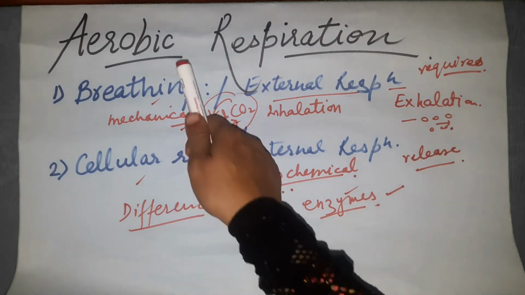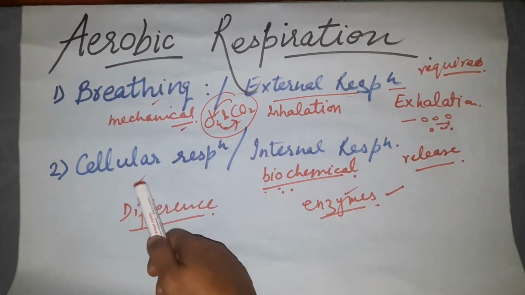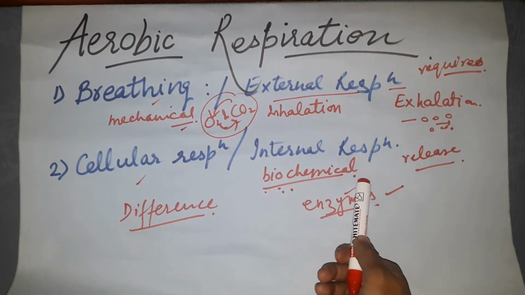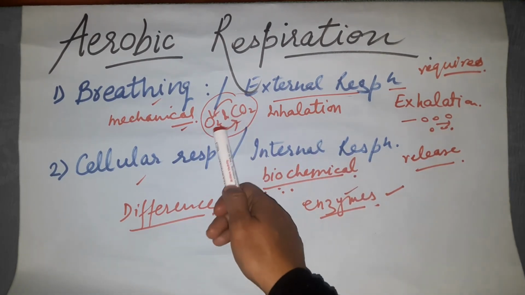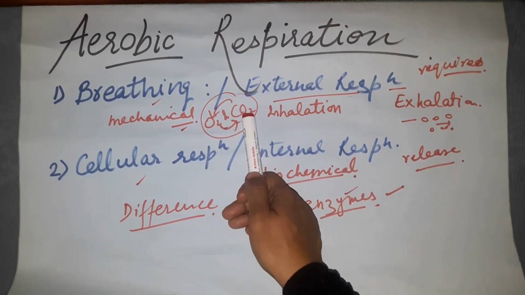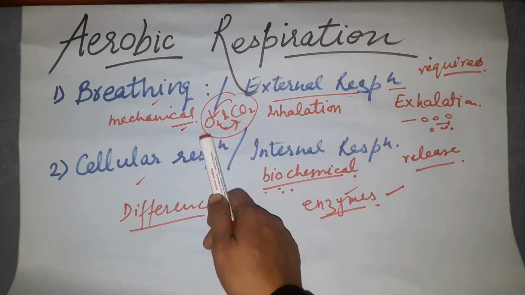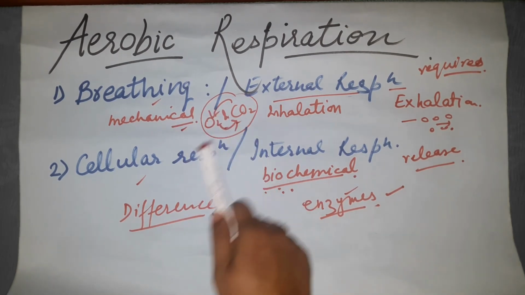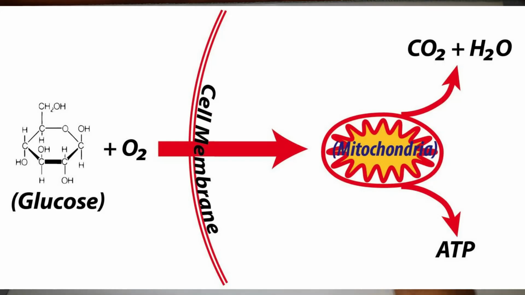What are the differences? First, breathing is a mechanical process, whereas cellular respiration is a biochemical process. In breathing there is an exchange of gases: oxygen and carbon dioxide are exchanged between the atmosphere and the organism. Whereas in cellular respiration, carbon dioxide and water are produced inside the cell.